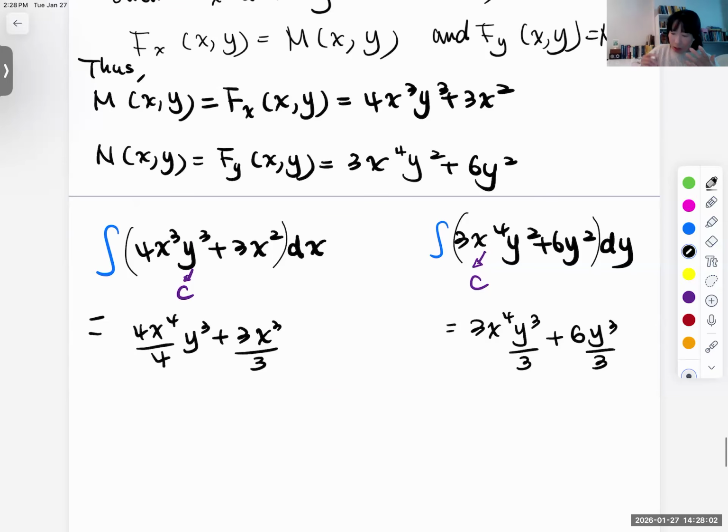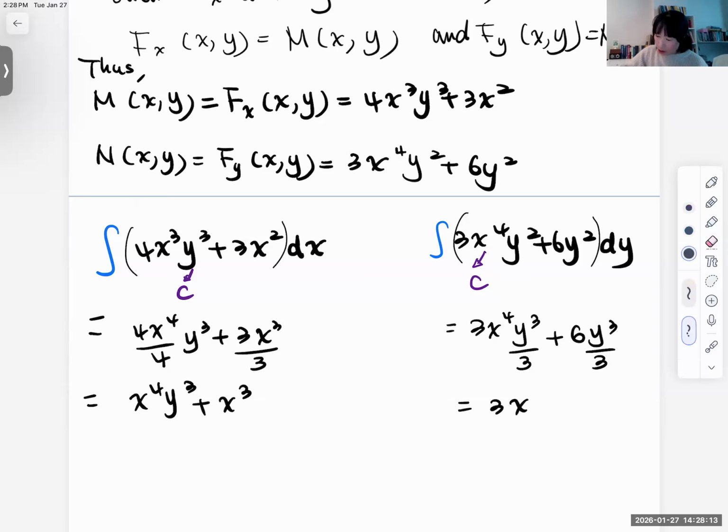Okay, now let's simplify. So we have x to the fourth power y to the third plus x to the third, right? Sorry, x to the fourth power y to the third plus 2y to the third, right?